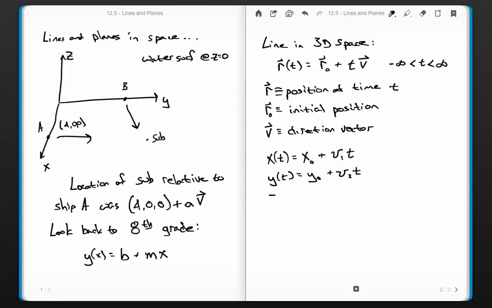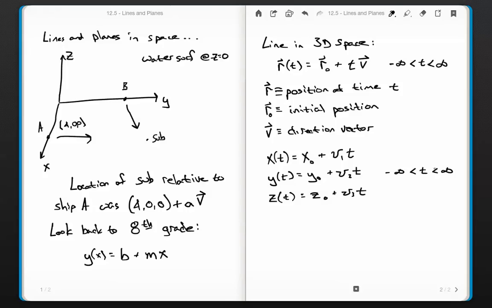And then finally, the z component fits the same kind of shape: the initial z position plus v3, which controls the z direction of our vector, times this number t. And once again, t varies from negative infinity to infinity.